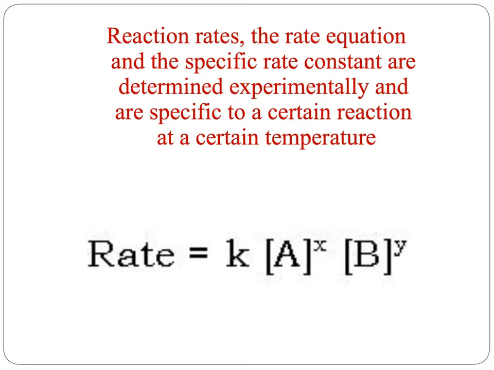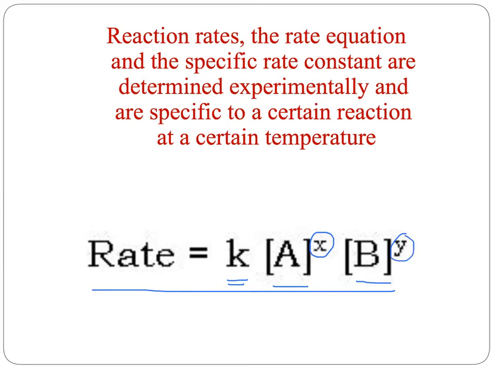The rate equation that attempts to summarize this whole thing says that the rate of a reaction is equal to the specific rate constant for that reaction times the concentration in molarity of reactant A raised to a particular exponent that is determined by the order of that reactant, and we'll get to that on the next slide, times the concentration of the next reactant, we'll say reactant B, also raised to the order for that particular reactant.